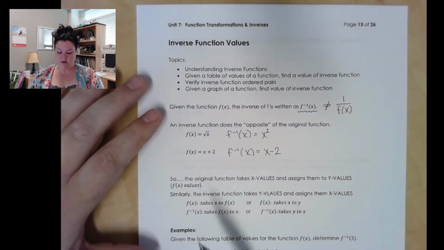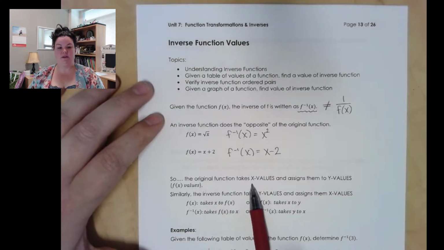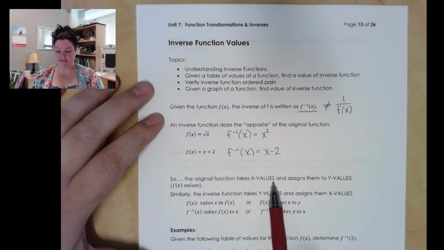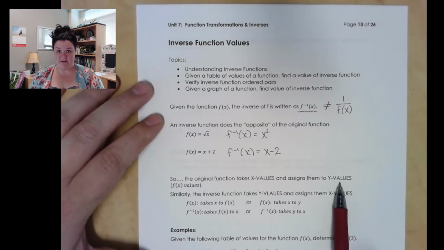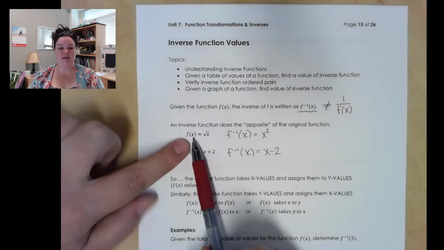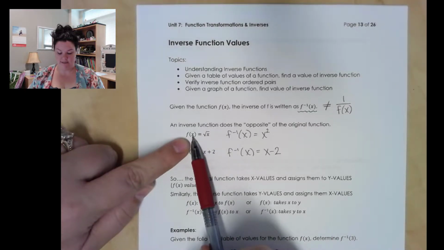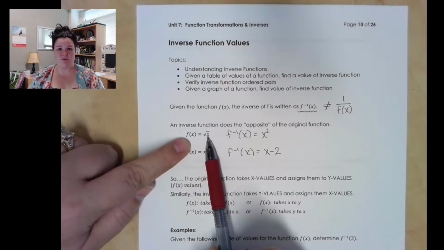So notice the original function takes x values and assigns them to y values, right? If I were to plug, say, 4 in here, if I take 4 and take the square root of it, I get 2. That means that we would have the ordered pair (4, 2), right?